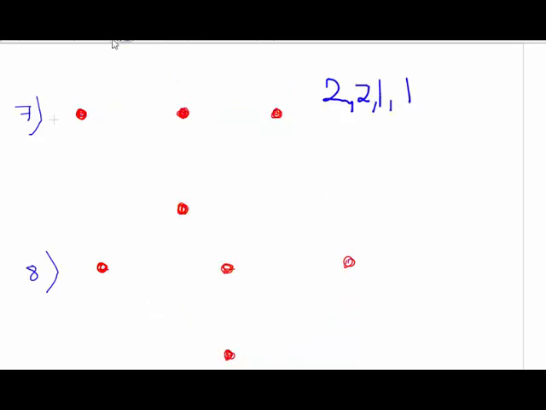But what we're going to do here is see if we can find 2 more using this middle edge. It's straightforward enough. There and there. So that has degree sequence 2, 2, 1, 1.